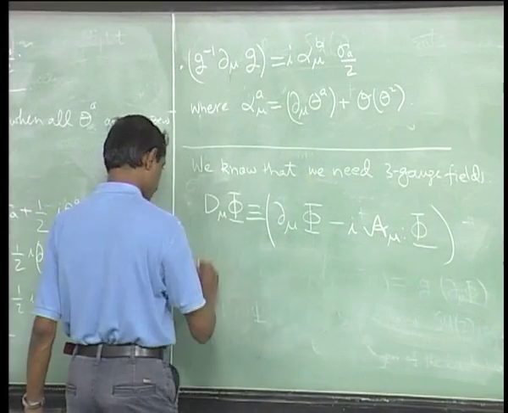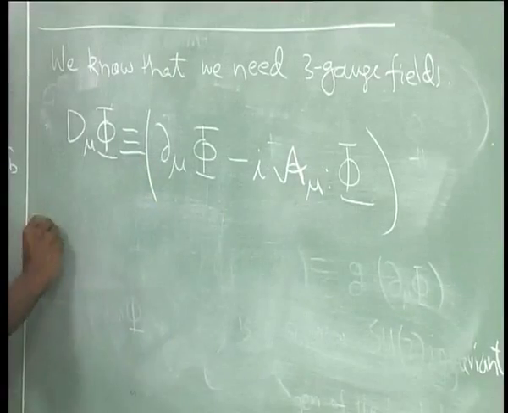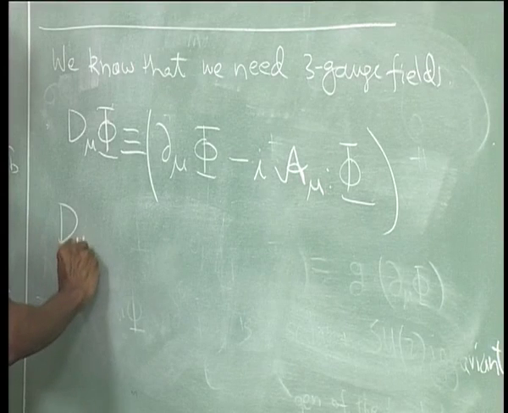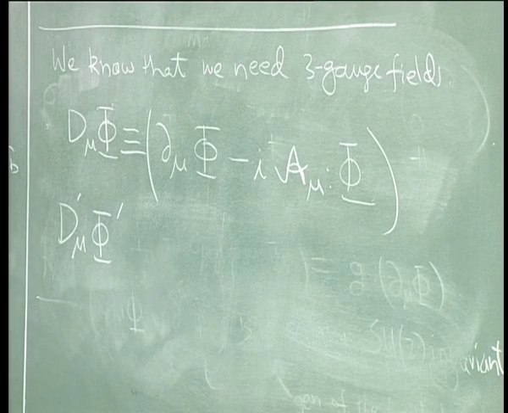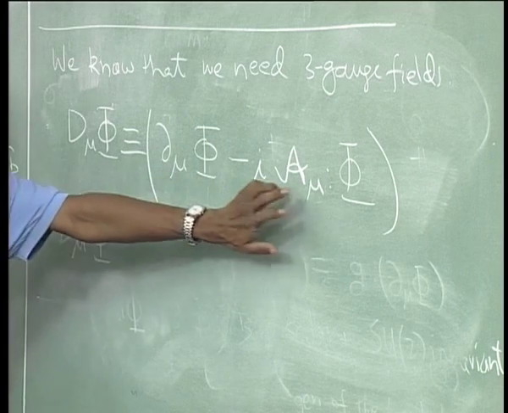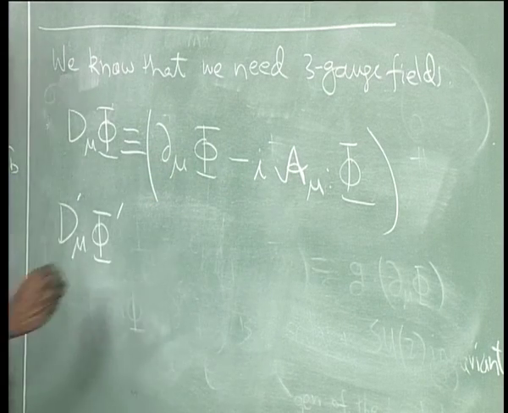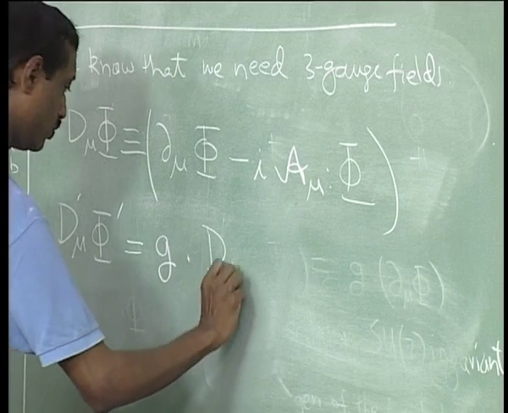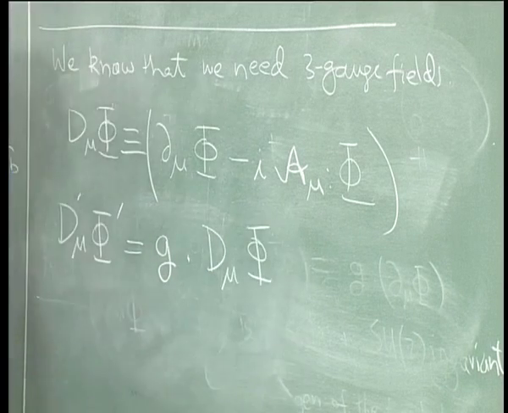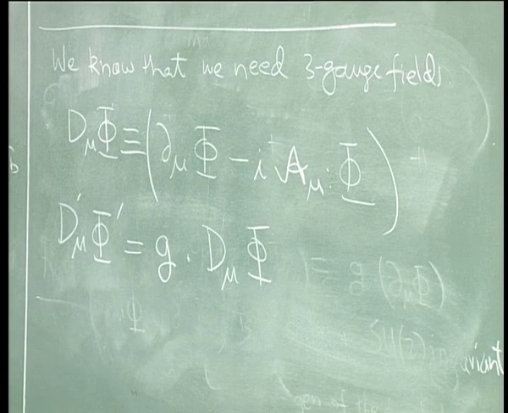So what we want, and this should have the property, is that d mu of phi prime, where the prime indicates that A will also transform, exactly like it did, d mu of phi prime should be equal to g dot d mu of phi. This is our requirement.